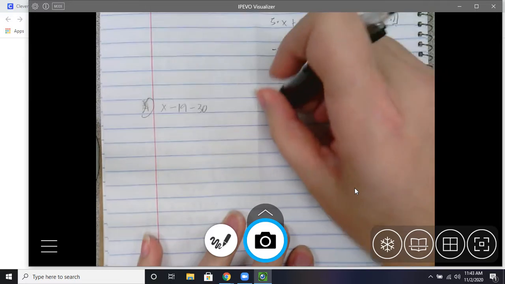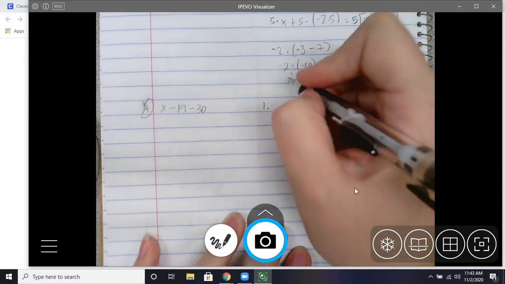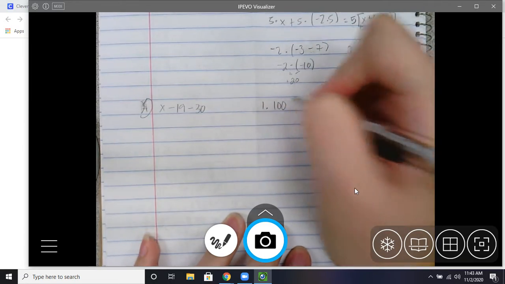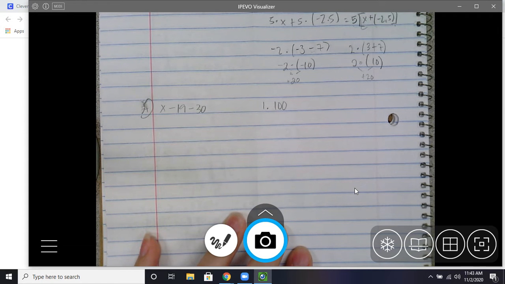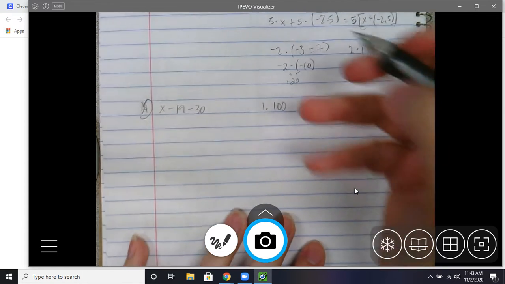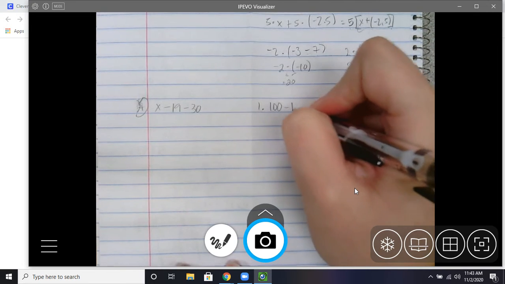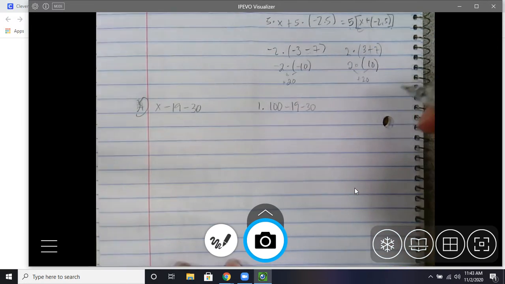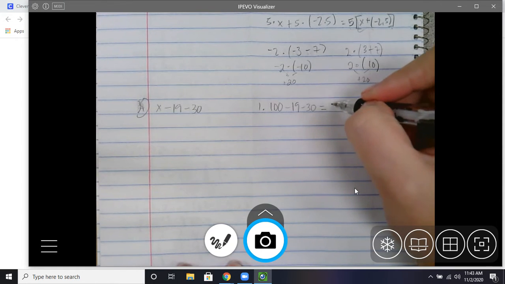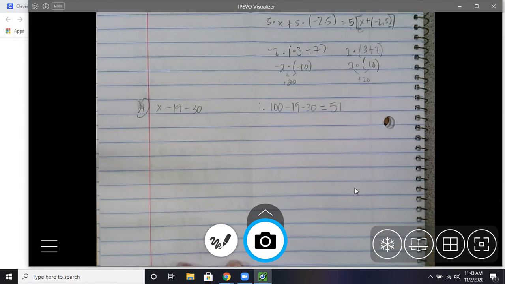Oh, they almost snuck one past me there because I didn't look at the picture. So he has $100, which unfortunately for him is not a whole lot. And then he's going to take out the $19 and take out another $30. And that's going to leave him with $51.